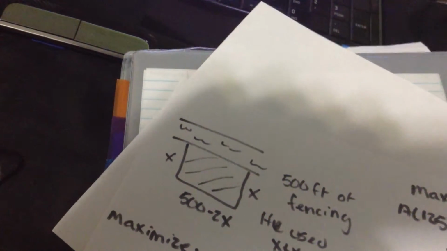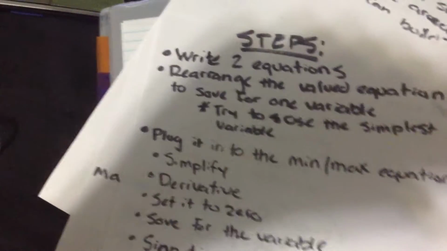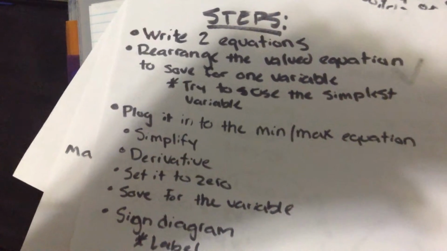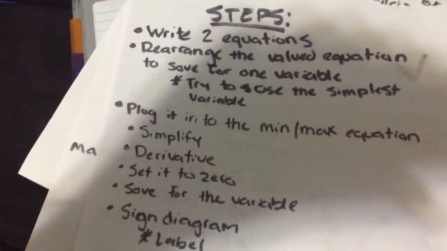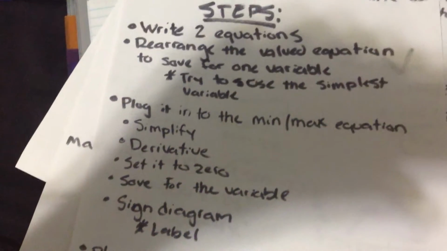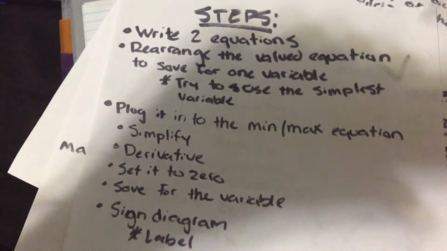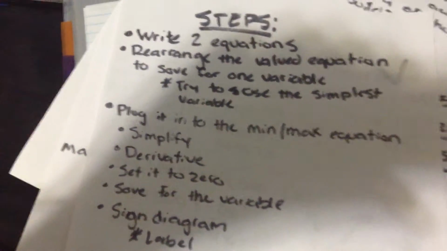So that's it. Again, you just try to get the two equations from what they give you, rearrange the equations to solve for one of the variables. Try to solve for the simplest variable. You could look at it, and depending on the question, you could see which route is easier.